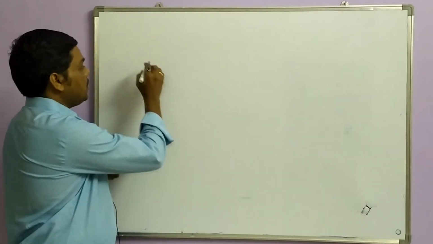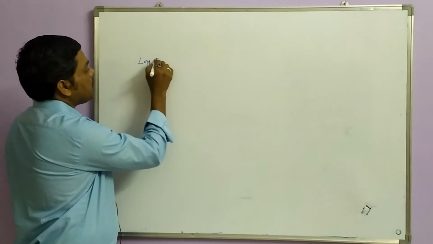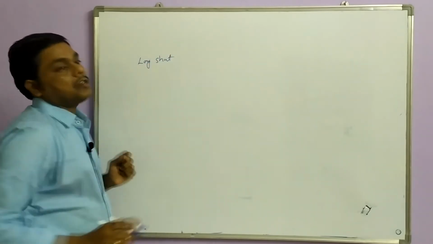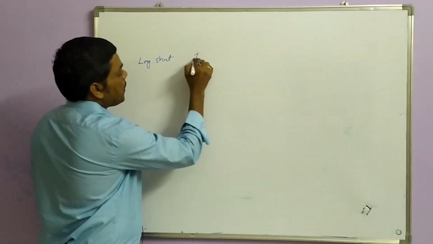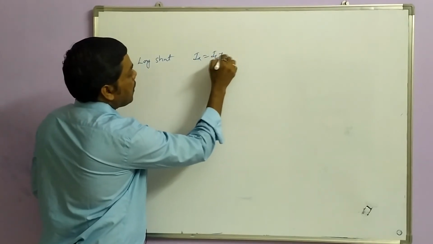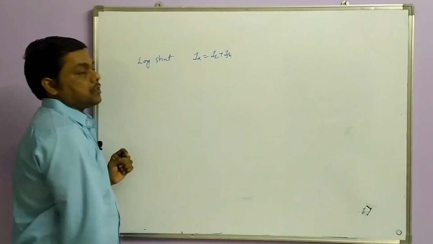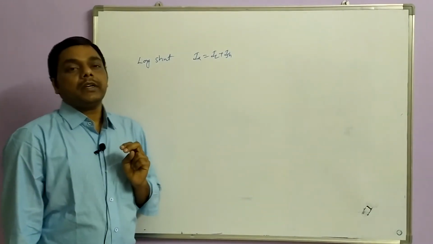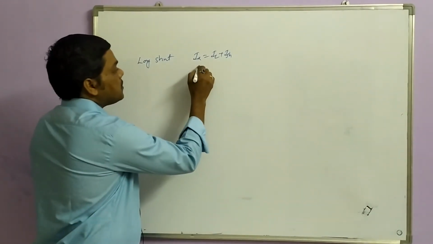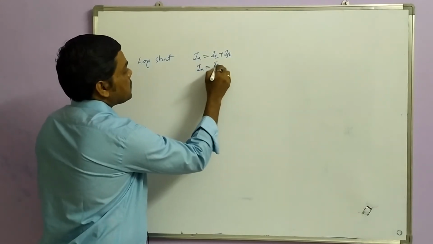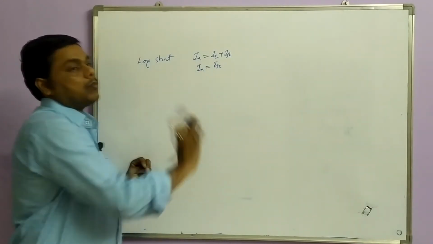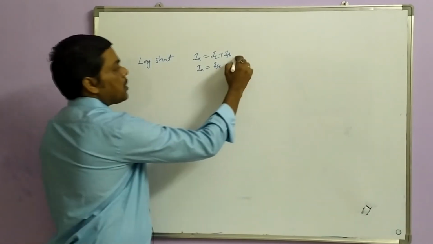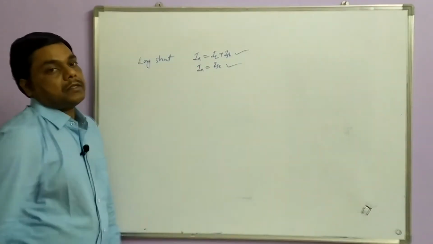You can see that in long shunt compound generators, Ia is equal to IL plus Ish, so it looks similar to a shunt generator, and Ia is equal to Isc. This is the basic relation we have to remember regarding currents.